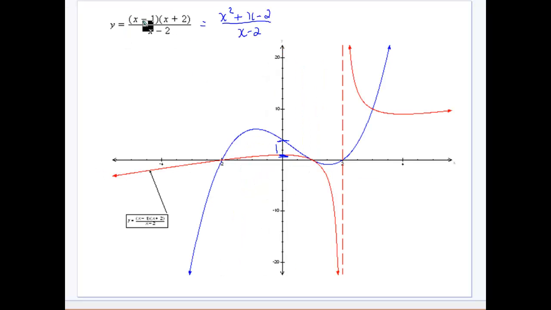This time the x minus 1 and x plus 2 are up on top, and only the x minus 2 is in the denominator. So we've only got the one asymptote, and it's going to cross the curve at minus 2 and at positive 1. So you can see where it's crossing the curve there. Again, it's tending to infinity there. It goes off.